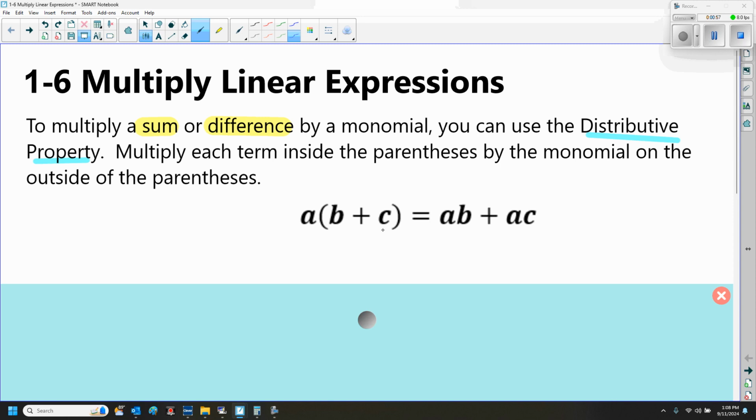It could say B minus C. But this one, A times a quantity, B plus C. Now, for the distributive property, we're going to take this A and multiply it times everything inside the parentheses. So we have A times B plus A times C.